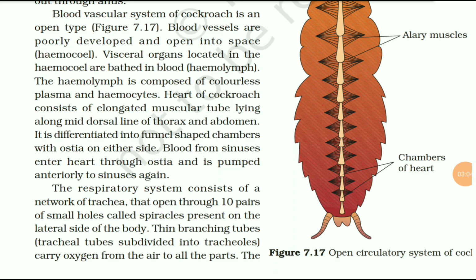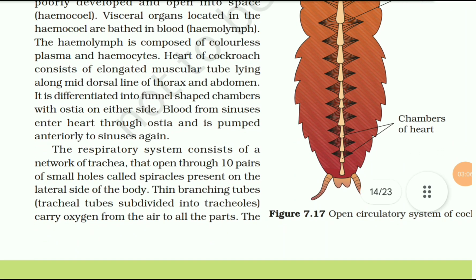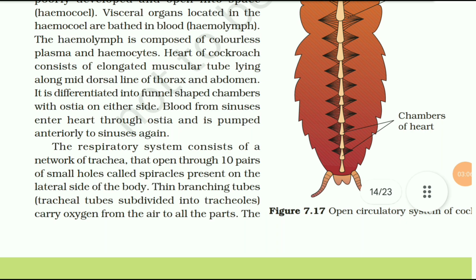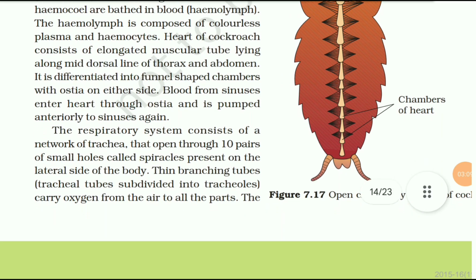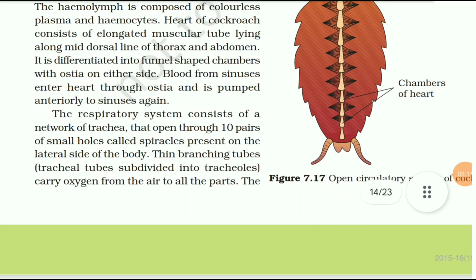The mouth opens into a short tubular pharynx leading to a narrow tubular passage called esophagus. This in turn opens into a sac-like structure called crop, used for storing of food.